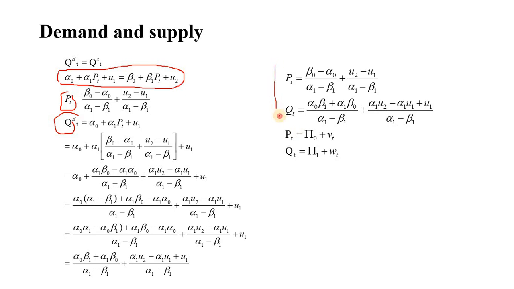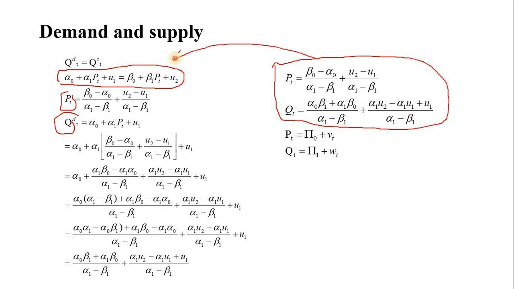Pt will be this equation and Qt will be this equation. I'm not doing the mathematical part, you can try to do that. So this is the reduced form equation, and these are the original equations. Can you go back to the original equation from this?